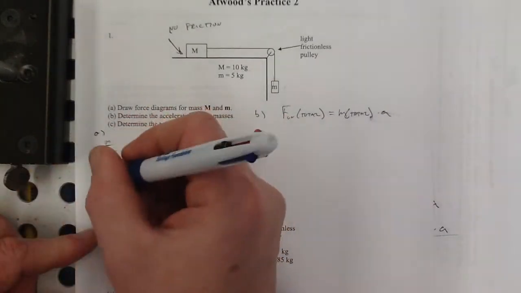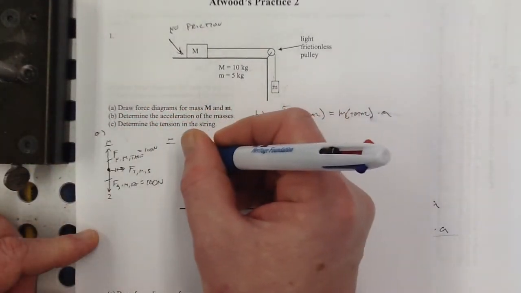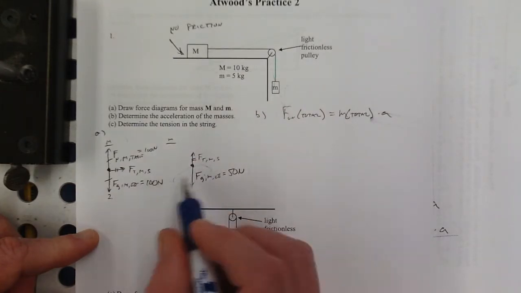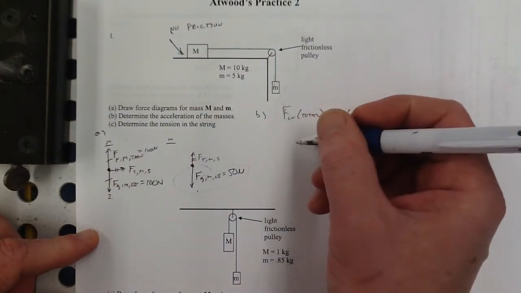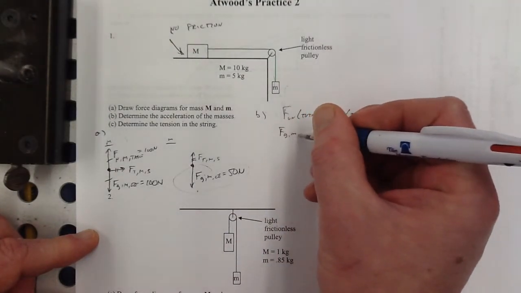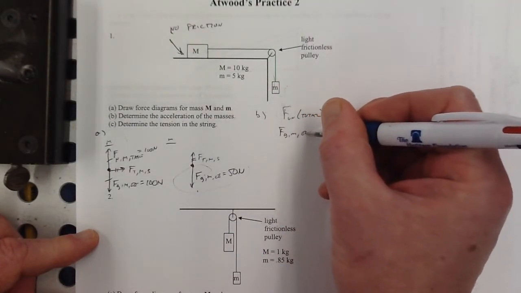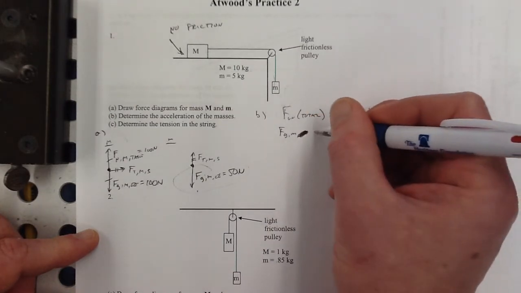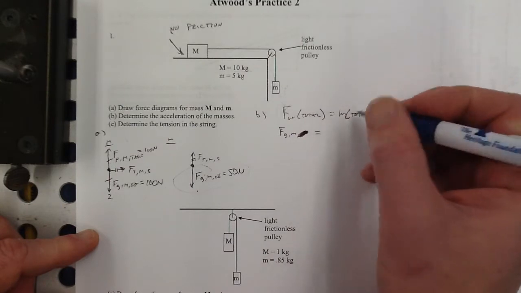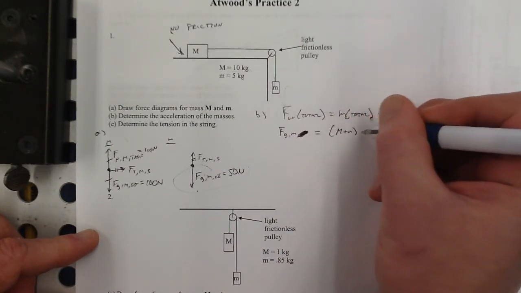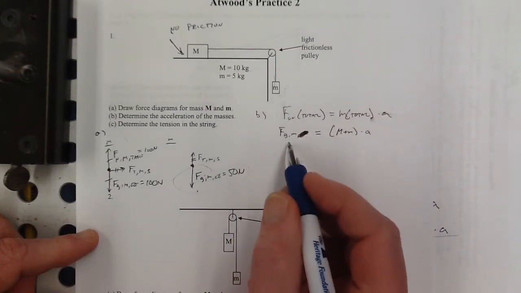This cancels out with this, and so this is the only unbalanced force. So the total unbalanced force is the force of gravity on the small m. Sorry, I usually just drop that when I start doing my math. For M total, at this level of the equation I'll write big M plus little m times a. Now plug in some numbers.